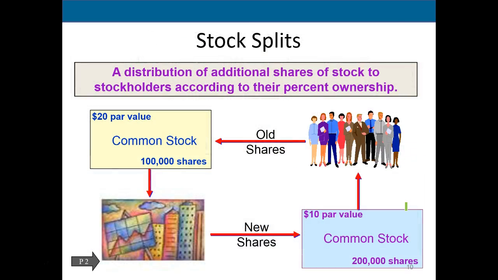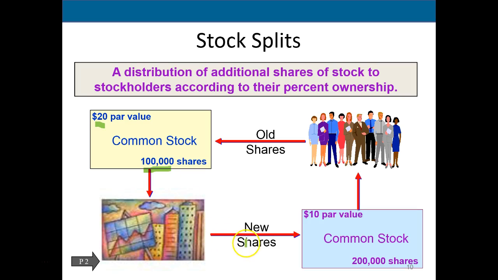So then we have a stock split, a distribution of additional shares of stock to stockholders according to their percent ownership. If we look at this example, we have the old shares outstanding, at $20 per share common stock and 100,000 shares.